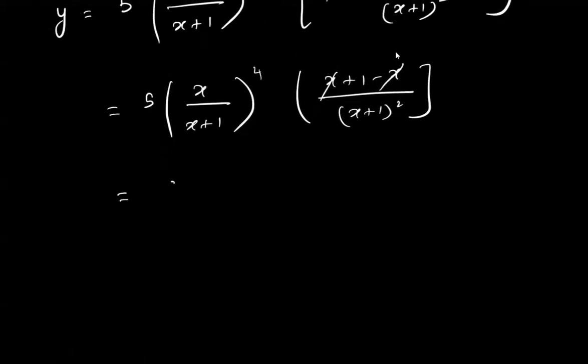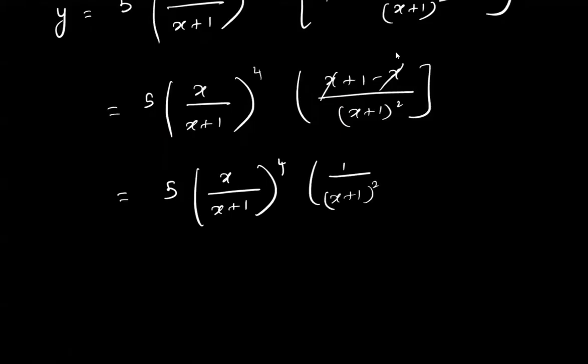So I will have 5 times x over x plus 1 to the power of 4 and 1 over x plus 1 squared. You can combine it all and write it as 5 times x to the 4th power over x plus 1 to the power of 6.